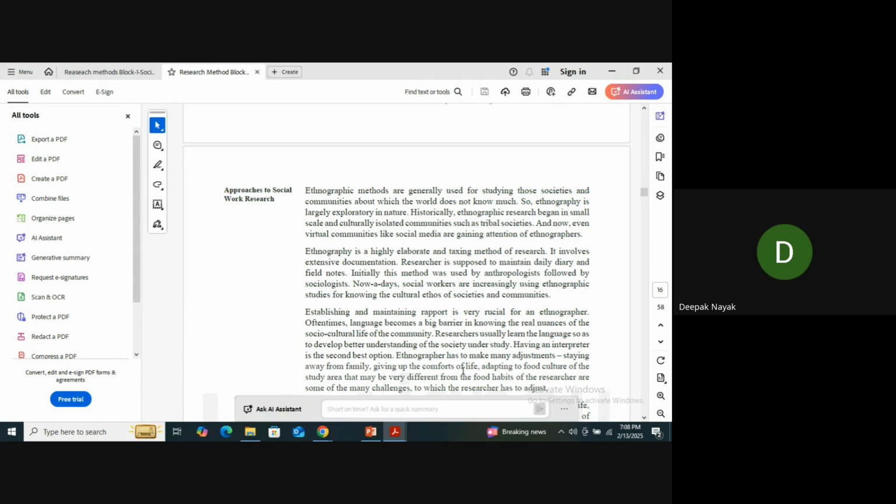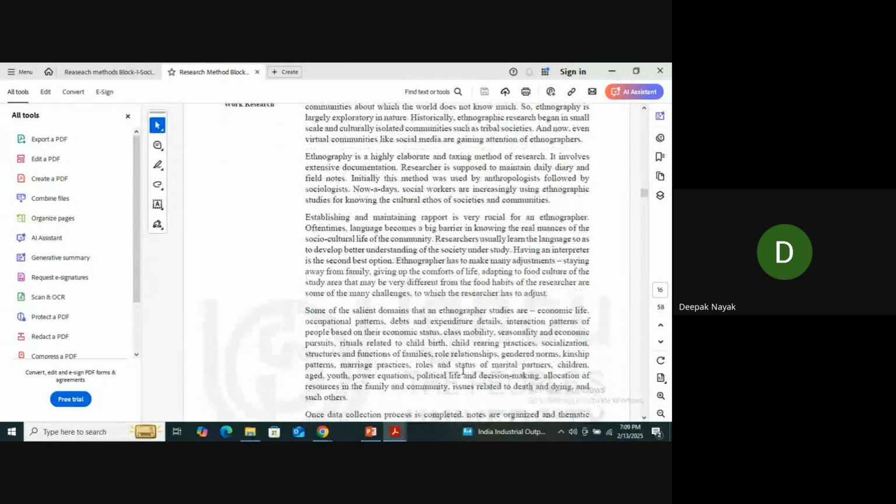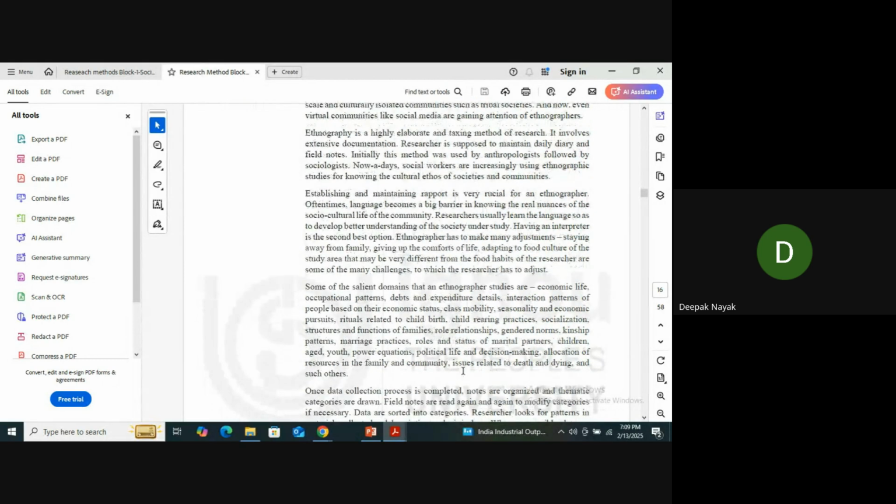These ethnographic studies are conducted so that they can better be helped in their economic life, social life, and cultural life, for improvement and education.